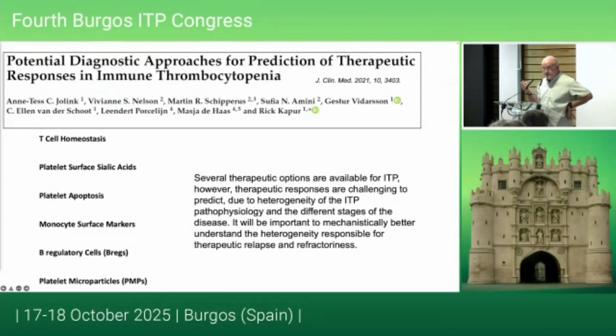So we know there are many therapeutic options in ITP, and it's really challenging to predict who is going to respond and who is not. It may very well be that on the left here, it's these cell types within our immune system that may predict whether or not a patient is going to respond. I think there's a lot of work now being done focusing on these cell types to understand predictive responses in patients with ITP.